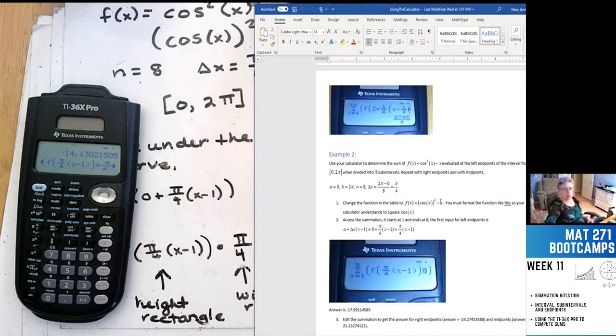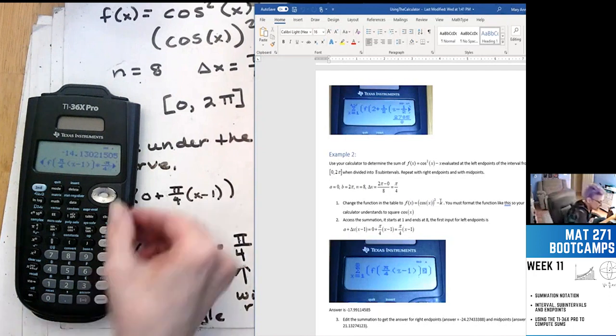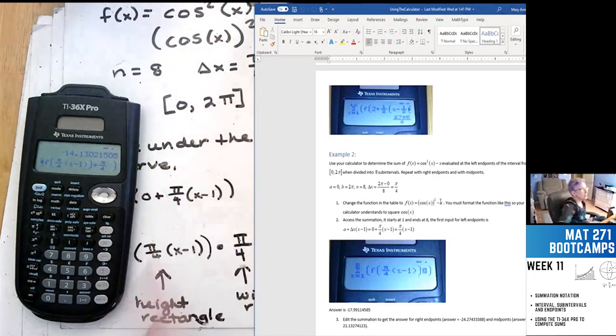Now you don't have to close that next set of parentheses because your calculator has done that automatically for you. Did it work that time?